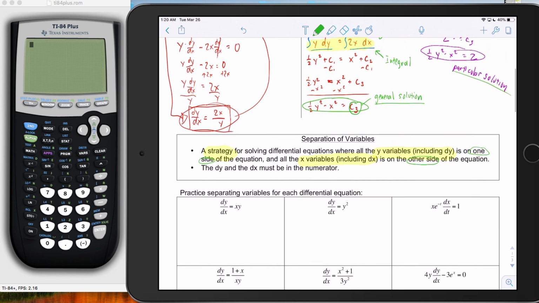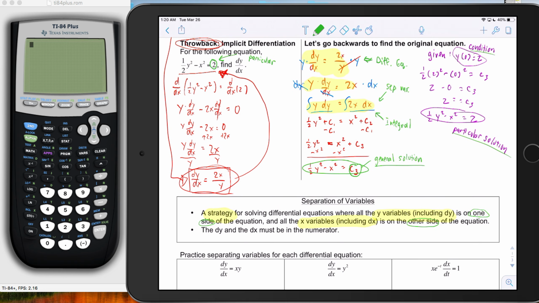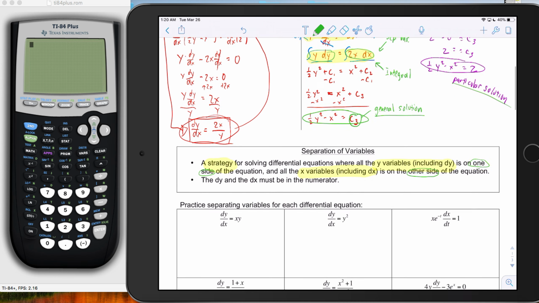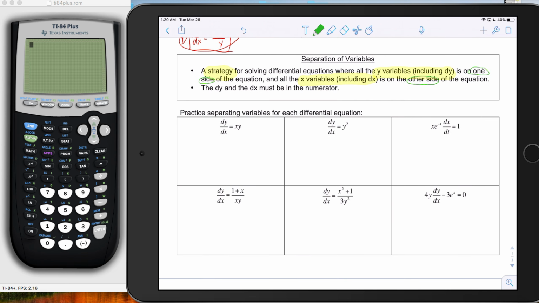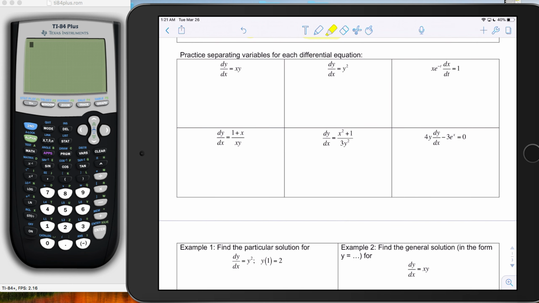So just to look up at the top, you notice right here, we have all the y dy's and the x dx's on each side separated. And one thing to note is that you must have your dy and your dx in the numerator, not the denominator. Okay, that's key. Alright, so why don't we practice just separating the variables for each differential equation, okay?